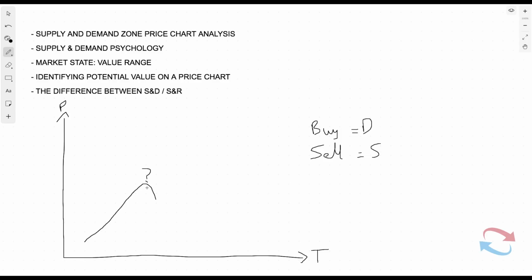We don't necessarily know, but what I would say is that the first touch of any area, or first reversal of any area, I consider to be just take profit. Basically there are no more buyers coming into the market, or real institutional buyers, because they understand they bought down here and they don't necessarily want to be buying around here.